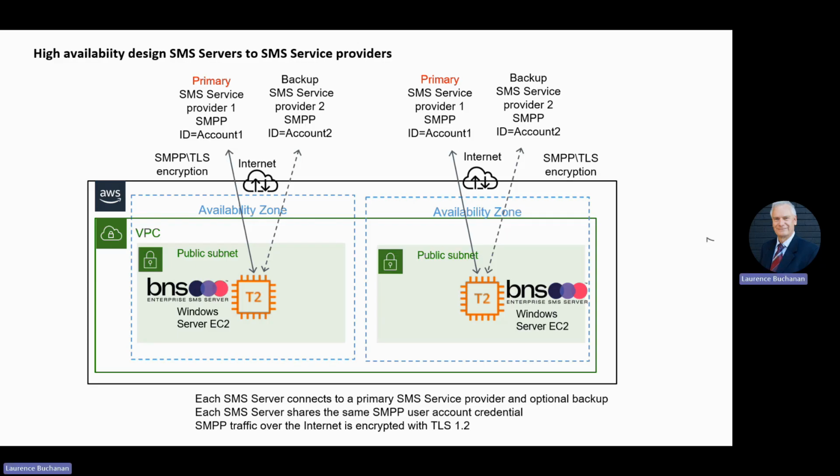This means, in terms of HA at the carrier level or the service provider level, that if the primary SMS service provider goes down, the software will automatically detect that, and within 10 seconds, it will switch over to the backup. And it will transmit the outgoing traffic using the backup SMS service provider.